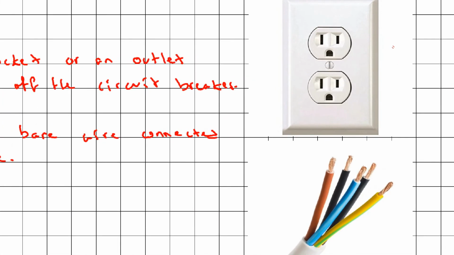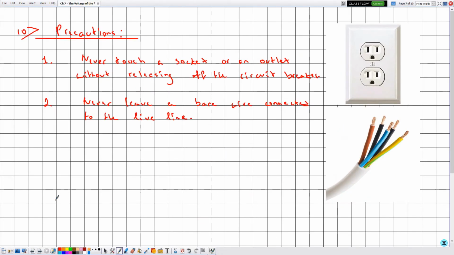Now suppose this is the live and this is connected here like this, and we touch this bare wire with our finger, then this may cause electrocution. Okay, so this is extremely dangerous.